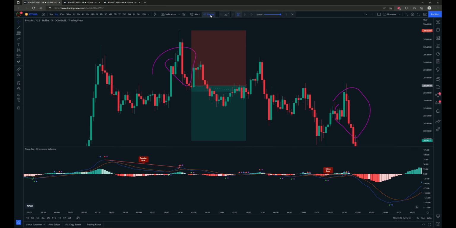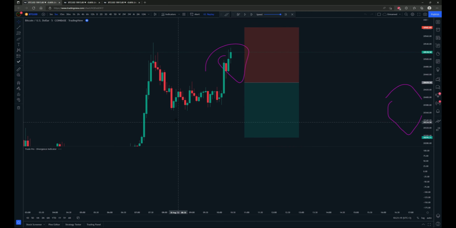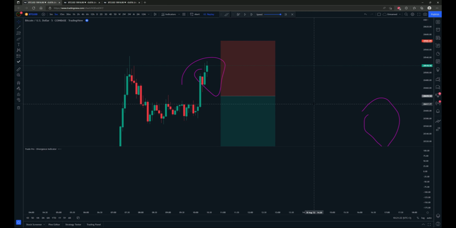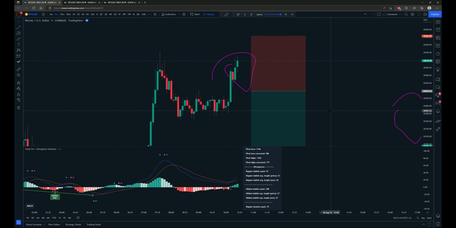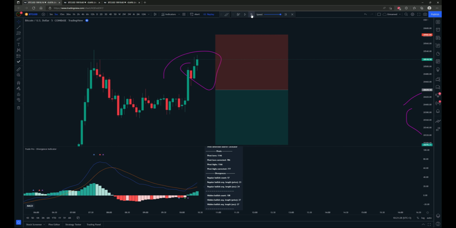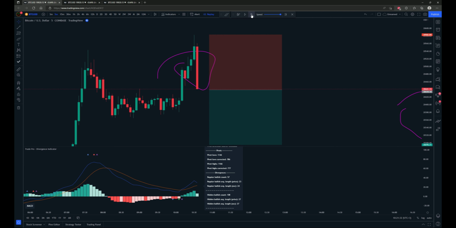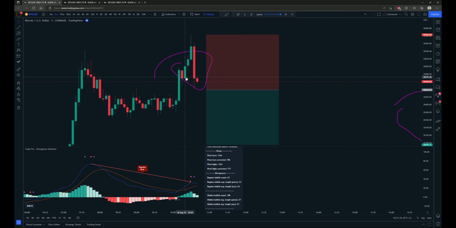So now let's go to the bar replay feature and start it at the same place as last time, and we'll keep this risk to reward ratio tool here so we can see the comparison of how much sooner it actually signals the divergence. So let's continue now on the bar replay feature, and so there's that top candle, there's one more candle, and we get the signal, but this time on the opening of this candle right here instead.